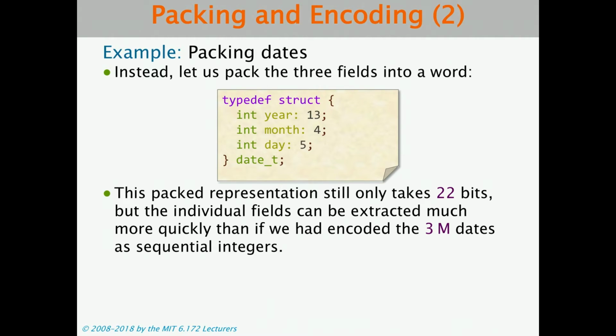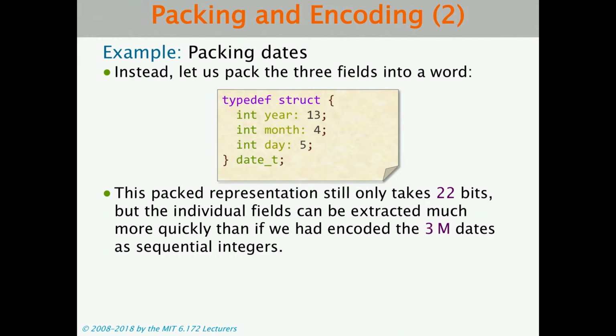But now the individual fields can be accessed much more quickly than if we had just encoded the 3 million dates using sequential integers. Because now you can just extract the month just by saying whatever you named your struct, you can just say that struct dot month, and that gives you the month.